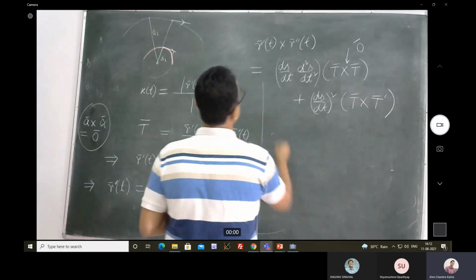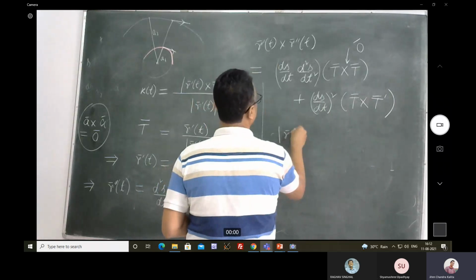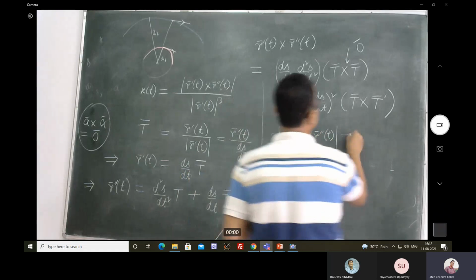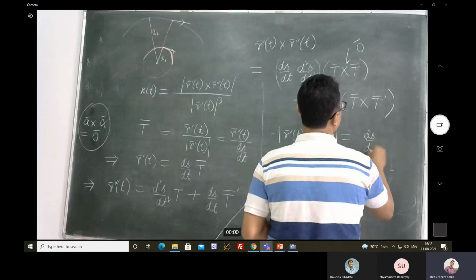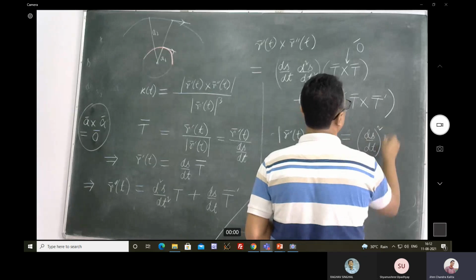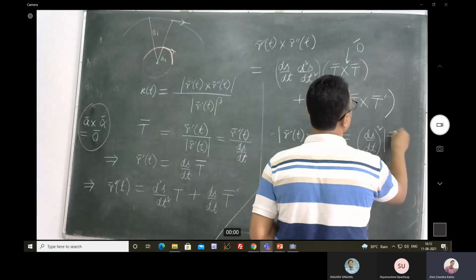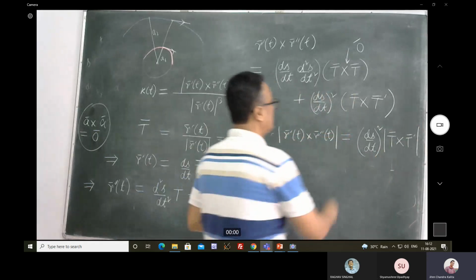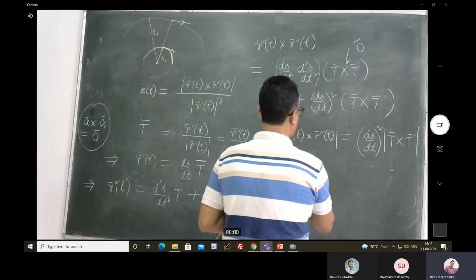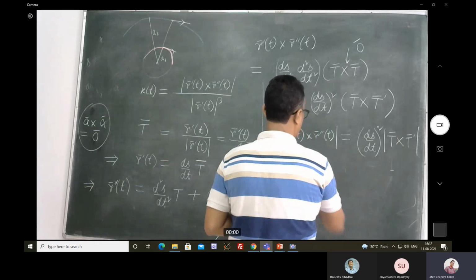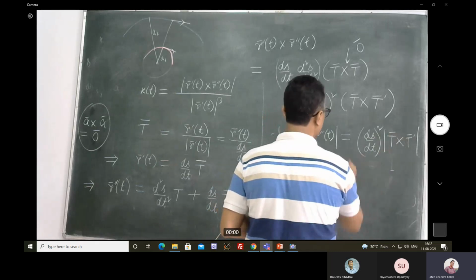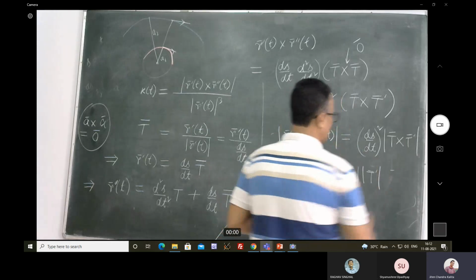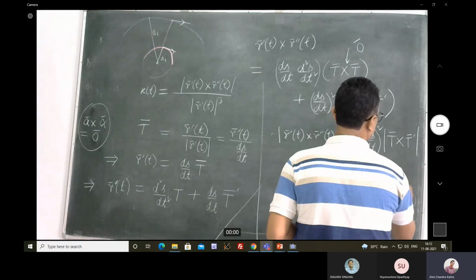So now if I take the mod of this, here I'm simply going to get ds dt whole square, and then mod of T prime, and then from here I am going to get mod of T prime and then sine pi by 2, isn't it?